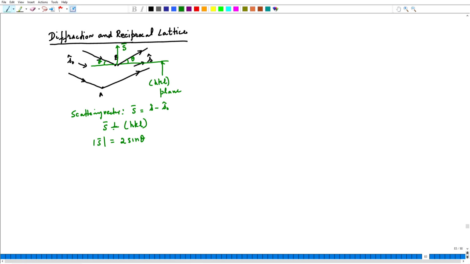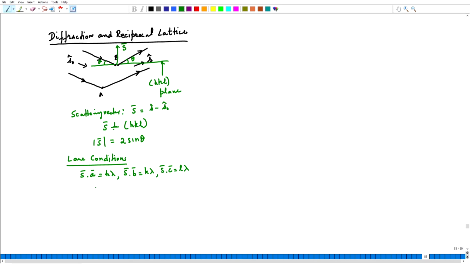From there, we got the Laue conditions, which is that S dot A equals H lambda, S dot B equals K lambda, S dot C equals L lambda, where vectors A, B, C are the unit cell vectors of the real lattice.